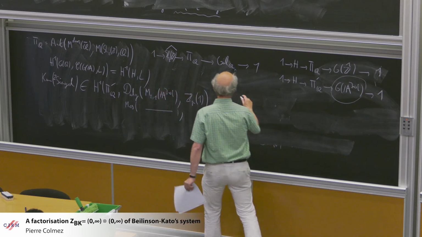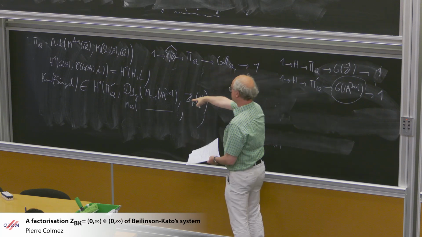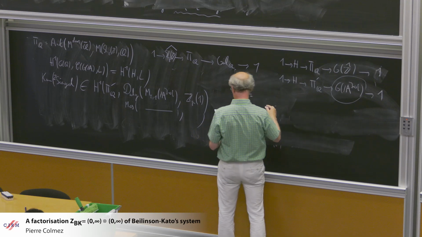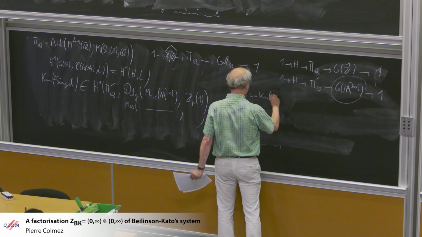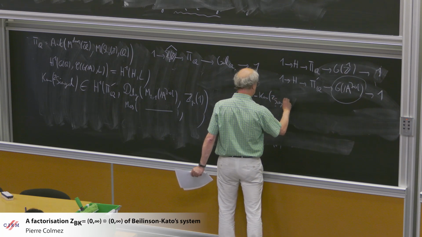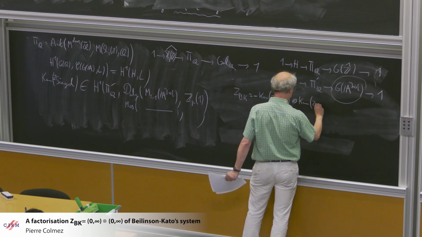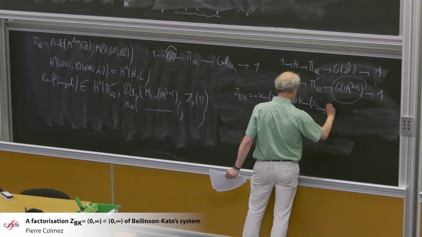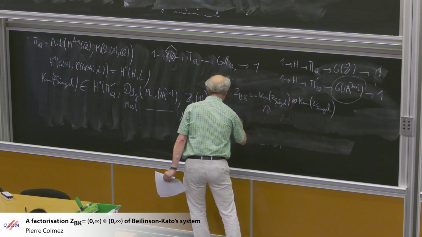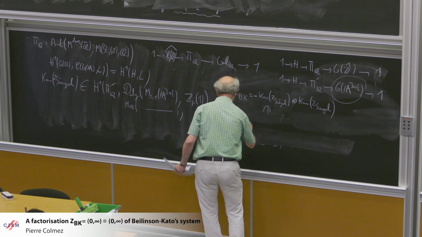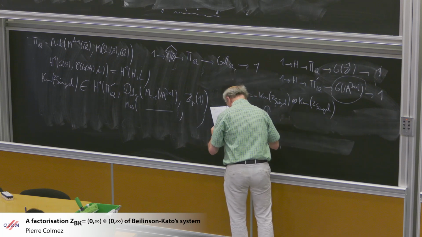And then you define the Beilinson-Kato element as the tensor product of two of these things, Kummer of Z Ziegel tensor Kummer of Z Ziegel, and this belongs to H2 now of this pi Q prime with values in measures.